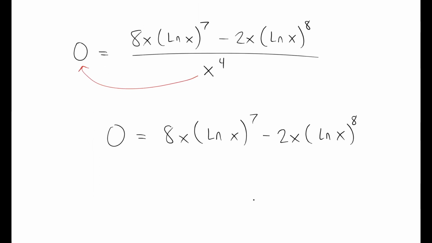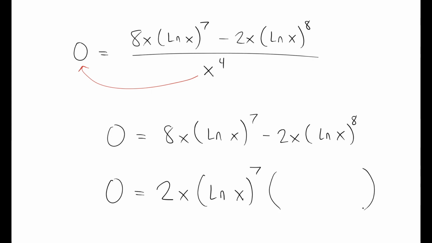Then I would try to factor out what I can. These terms share a 2 and an x and 7 copies of ln x. So that leaves behind 4 minus ln x, it looks like, if you factor it.